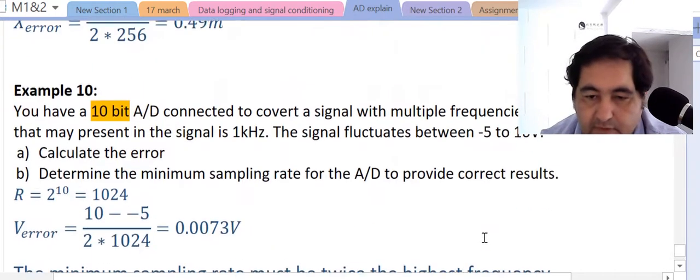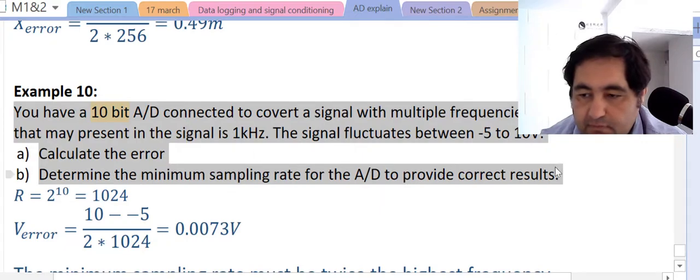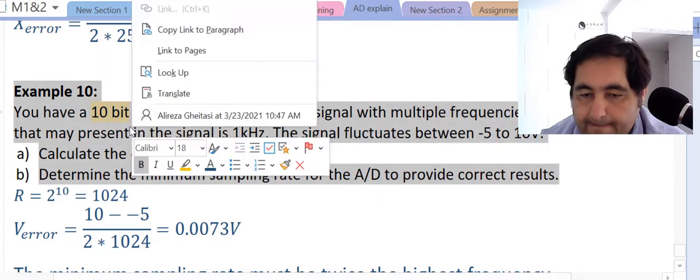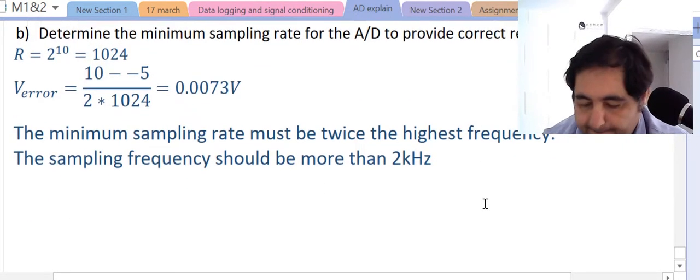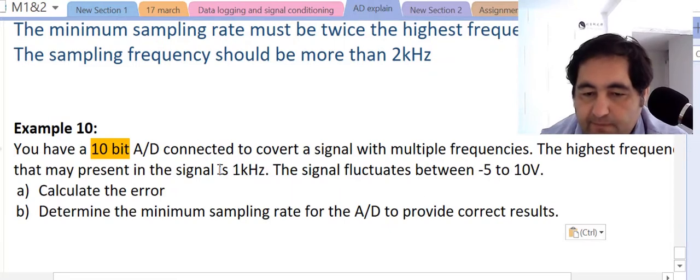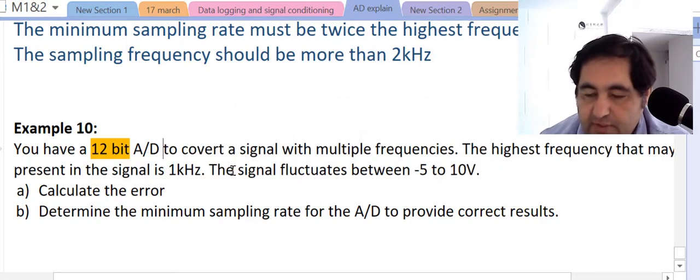Okay, that's this one. Now, what else? Let's have one other example. This one goes from 10 to 12: a 12-bit A to D used to convert a signal with multiple frequencies.